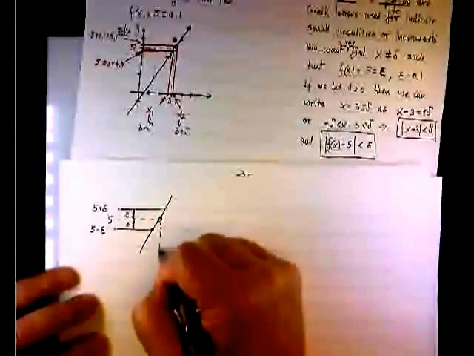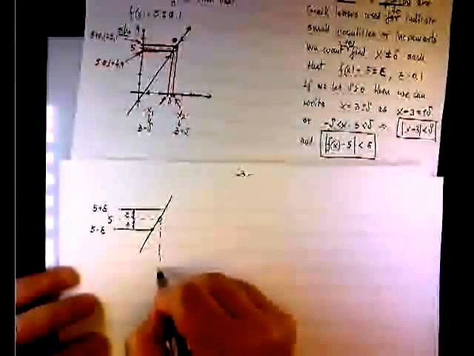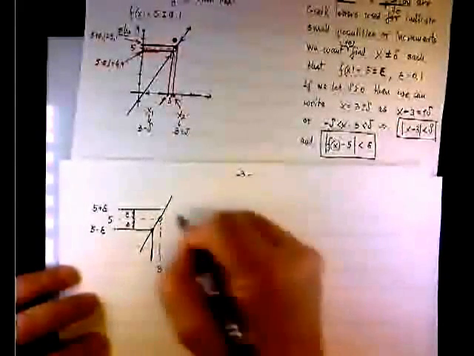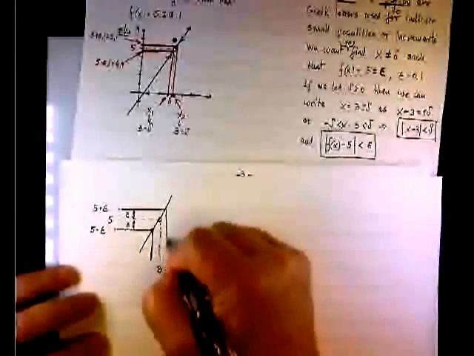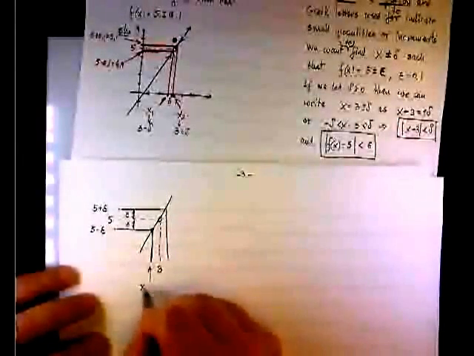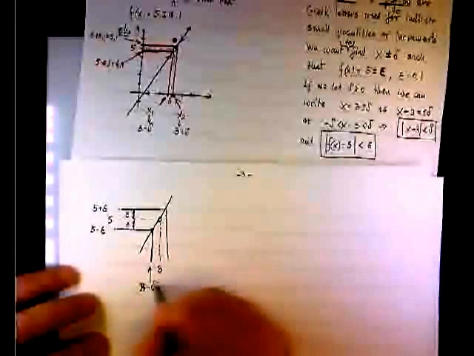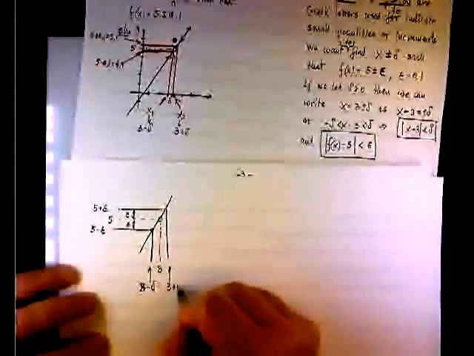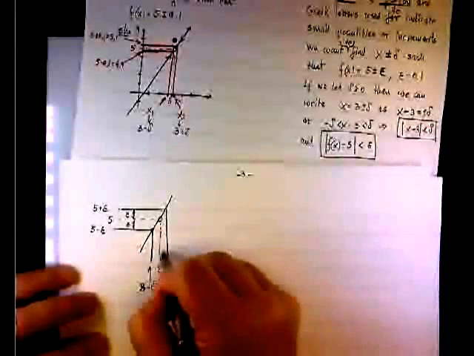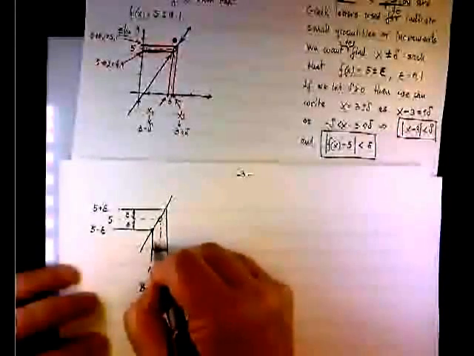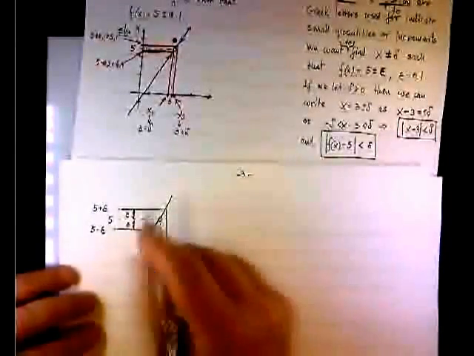And correspondingly, this right here will be x equals 3. And the corresponding values to the left and to the right will be 3 minus delta and 3 plus delta, right? And the tolerance on either side is delta. So this is the magnification of the sleeve.